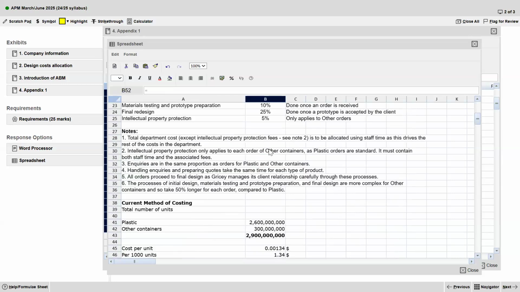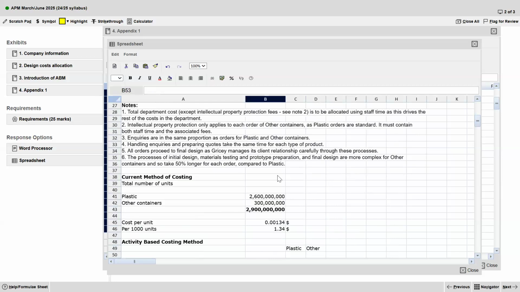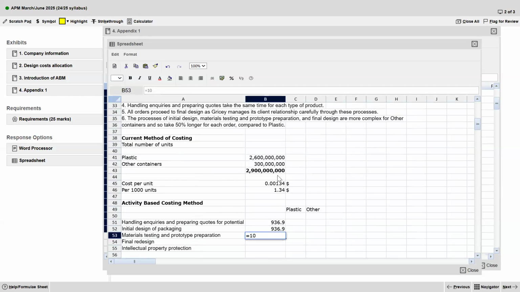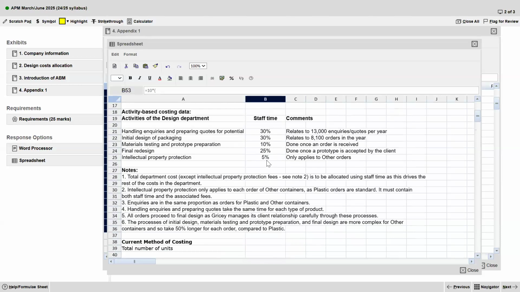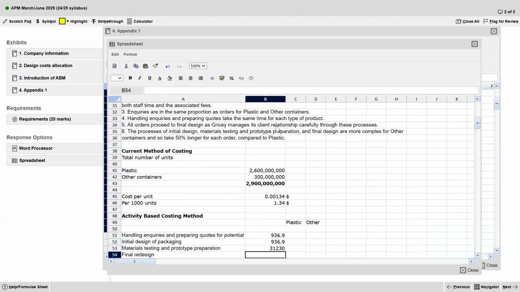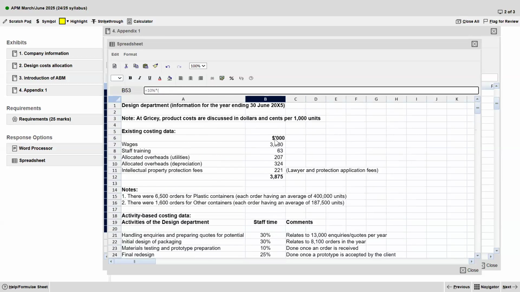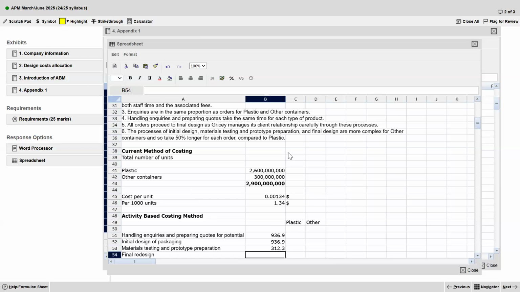Initial design and packaging is, again, the same thing. Material testing and prototype preparation is 10% multiplied by this plus this, right?